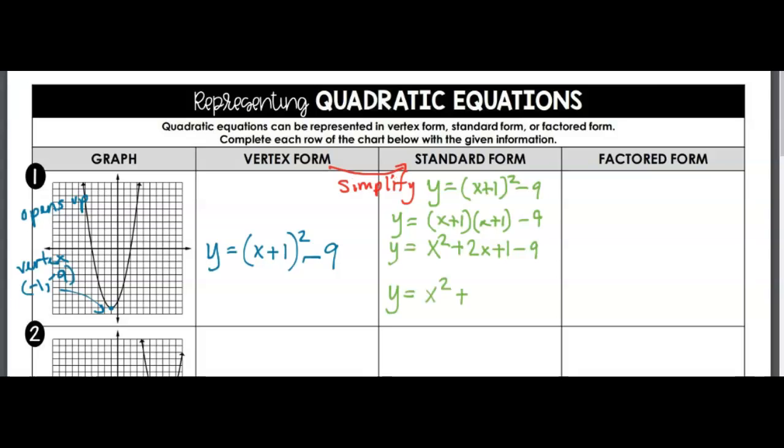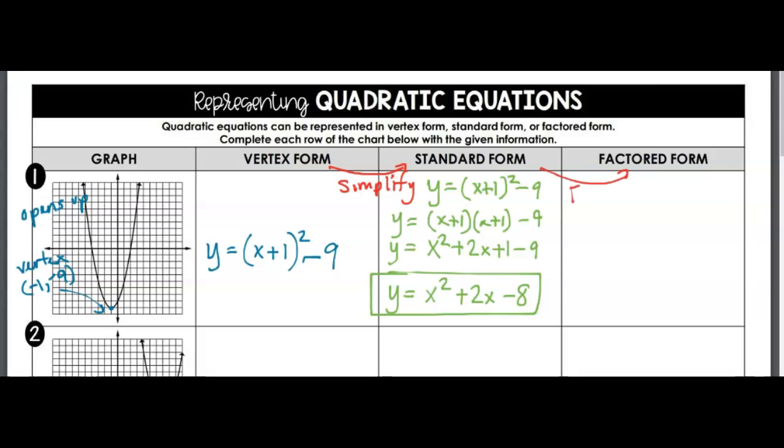And then notice that the two constants are like terms, so we can add those together, and that's the standard form. Now in this standard form, notice that the constant is -8, and if you look over at the graph, in fact that is where it crosses the y-axis. And so again, the advantage of that form is that it's pretty apparent where that y-intercept is.